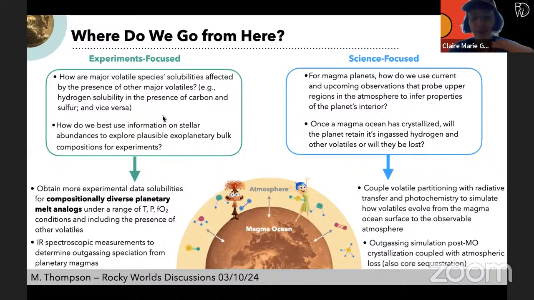So if you are dissolving stuff from the top down, is there a way to get that into the deeper planet and put that hydrogen into the mantle or something like that? Or is it difficult to do that? Basically, can you address the distribution of hydrogen through the planet?